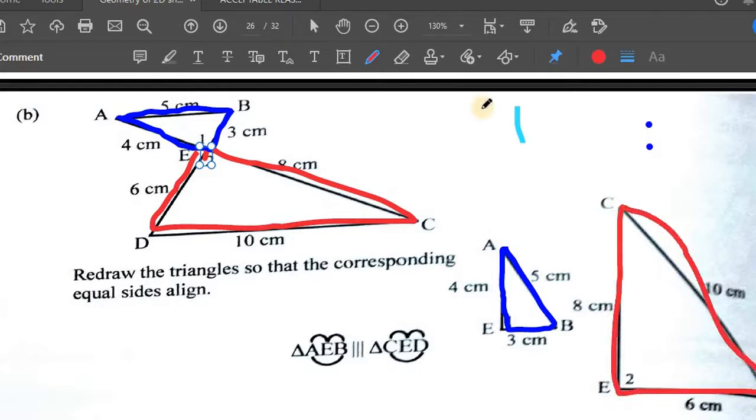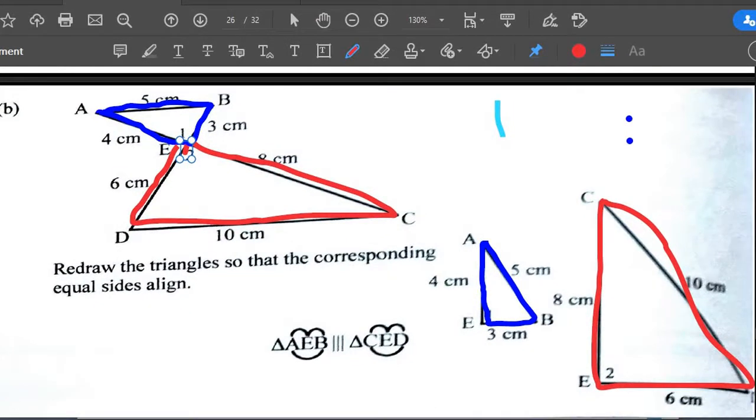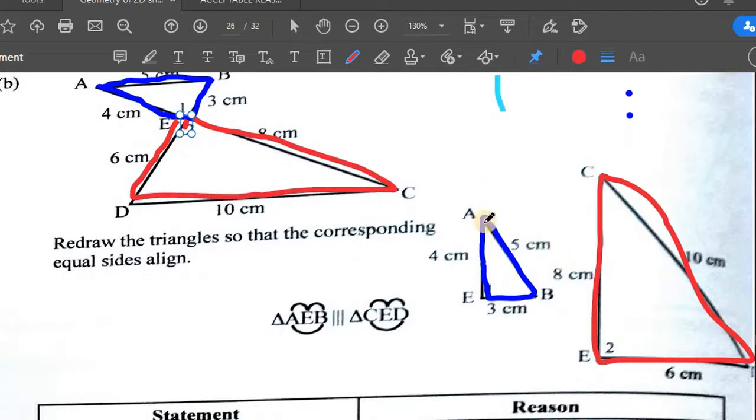The reason for doing this is so we can put these two triangles right next to each other, so we can clearly see the ratios.